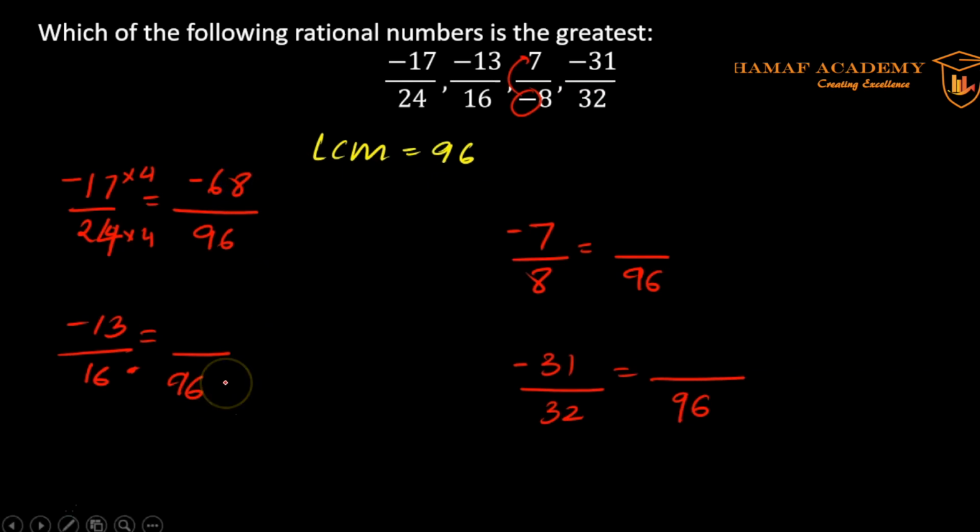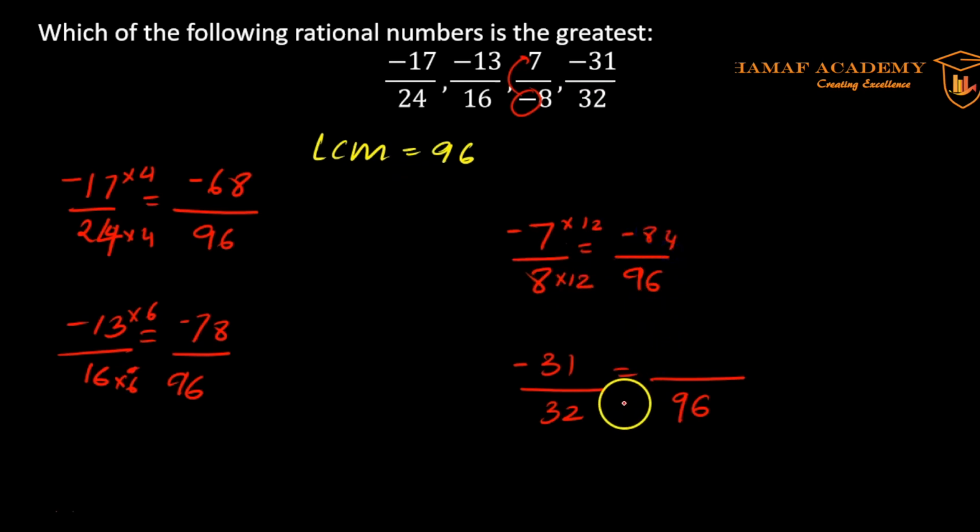All right. So we are going to do this for all of the other fractions. Now think, 16 times what gives me 96? It is 6. 16 times 6 and 13 times 6 gives me negative 78, not to forget. Then comes the third fraction. We have 96 divided by 8, what does it give us? 8 times 12, and 7 times 12 is going to be negative 84.